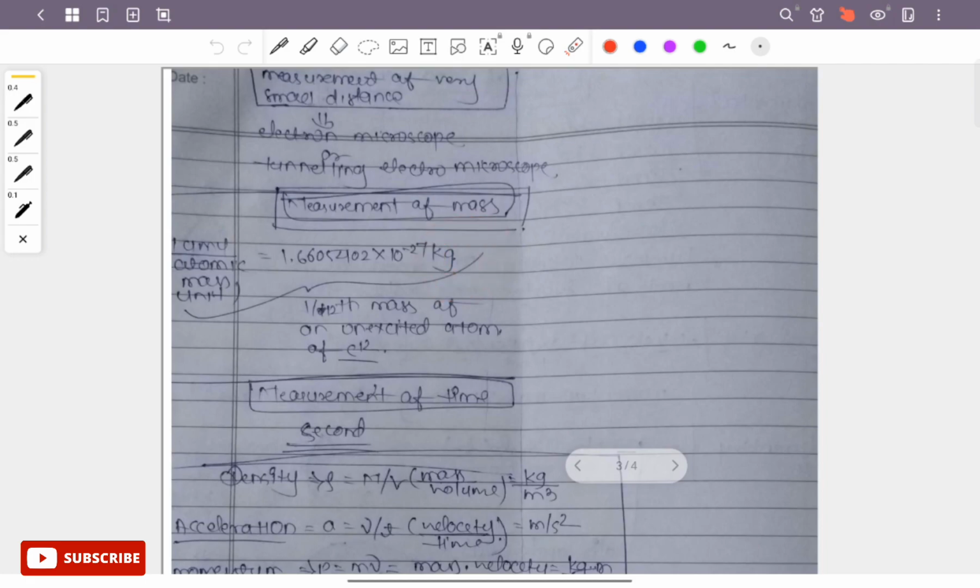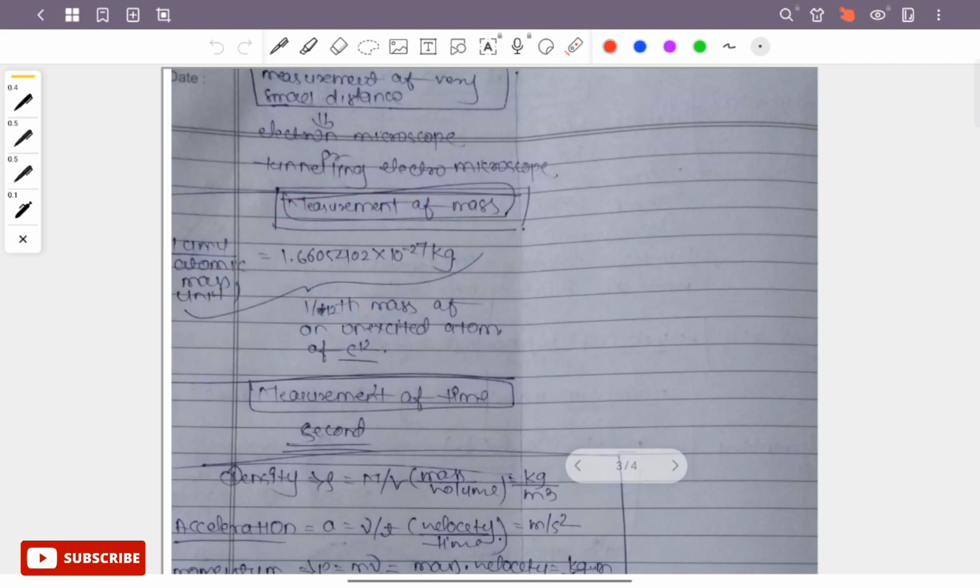Like if we want to measure the mass of an atom, the atomic mass. There is already a standard value for it, which is 1 AMU, equal to 1.6605 × 10^-27 kg, which is equal to the 1/12th mass of the unexcited atom of C12.